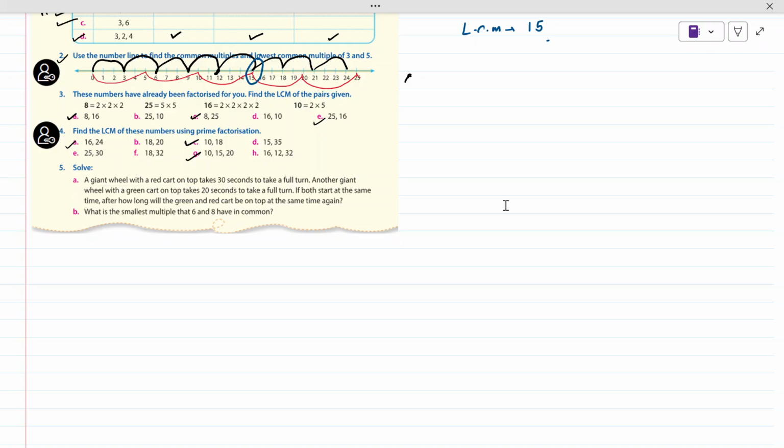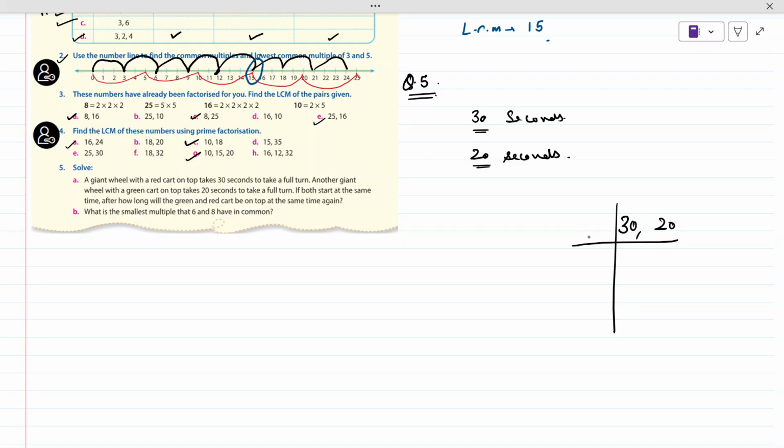Okay, so that will be their least common multiple. So for question number 5, we are given 30 seconds and for the other, we are given 20 seconds. And what we have to do is find where they are landing together. For that, we have to find their LCM.